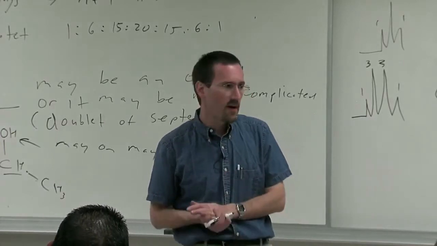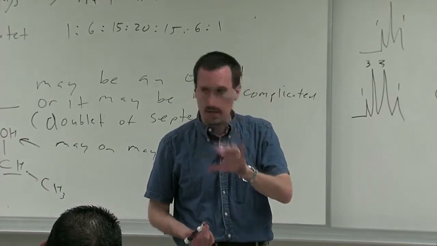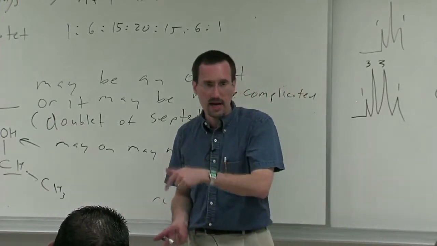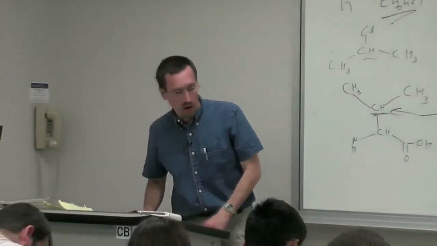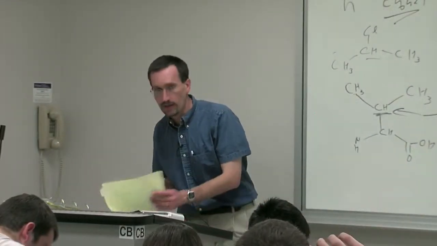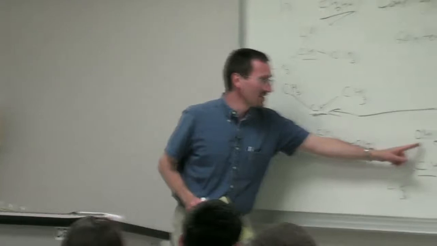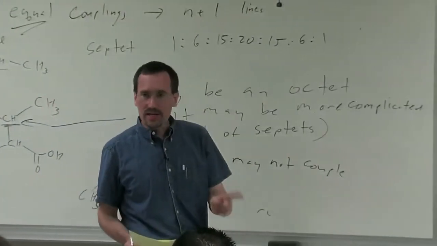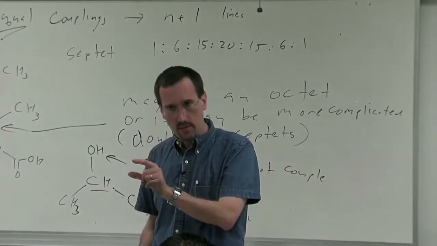So if I want to minimize exchange, I typically will pass my chloroform, not my sample, through alumina that I've dried over a flame. That'll take out the acid and minimize the amount of water in there. Okay, so alcohols are kind of a wild card on J coupling. So if the proton is exchanging, do you still see that proton? In general, if the proton is exchanging with other molecules, you will see it, and it will be there.